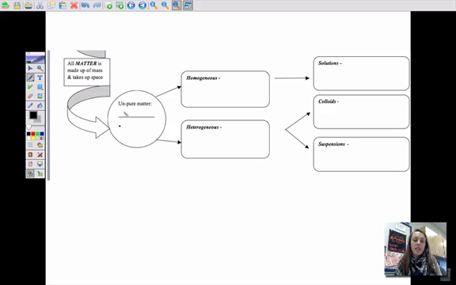The other type of matter is unpure matter, and we call those mixtures. These are the things that can be physically separated. What do I mean by physically separated?